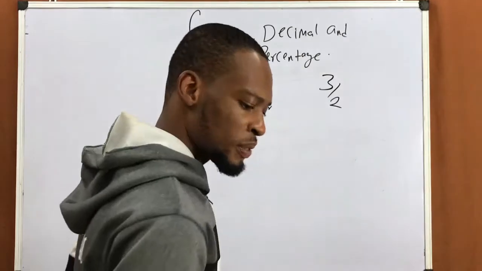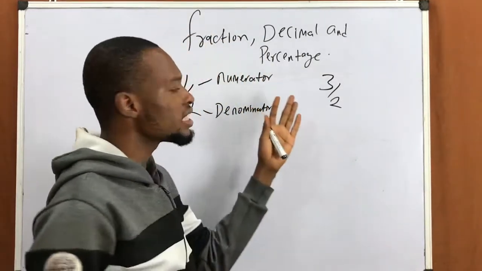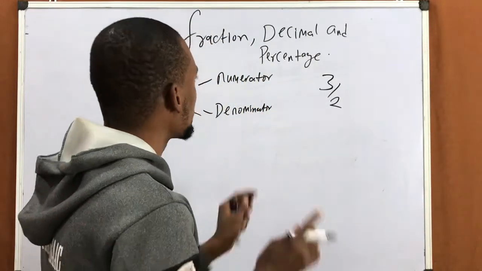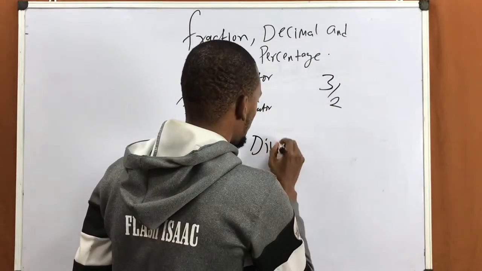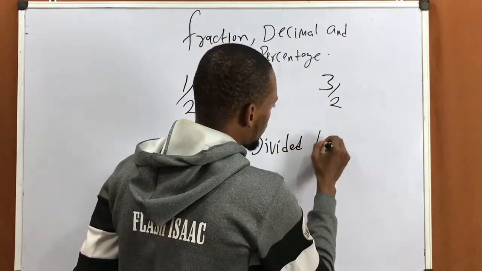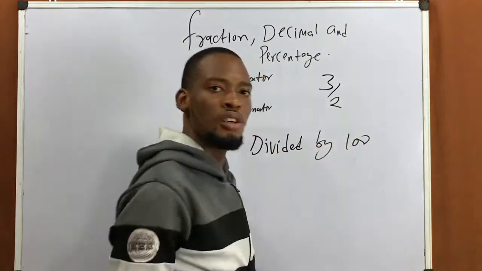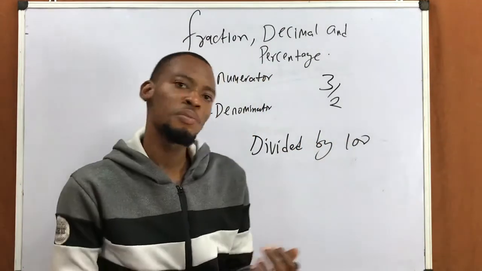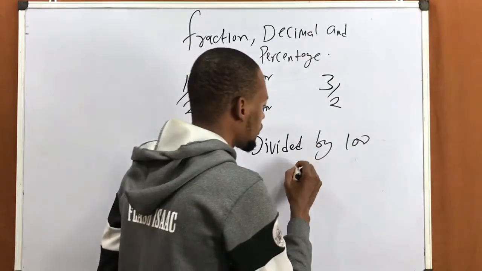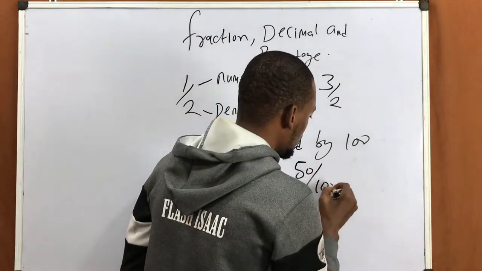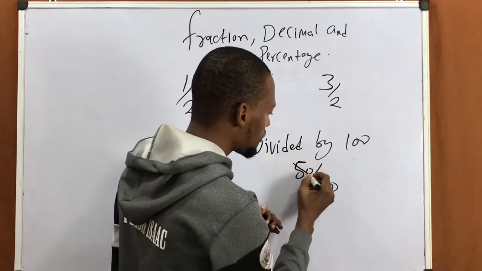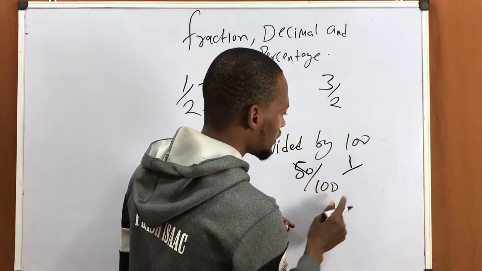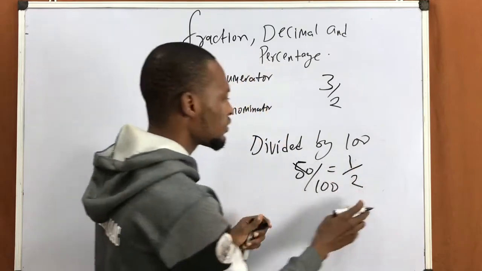And another thing is percentage. Percent simply means divided by 100. That is the meaning of percent. So if I say 50%, it means 50 over 100, which you can further break down: 50 divided by 50 is 1, 100 divided by 50 is 2, which is 1 over 2.